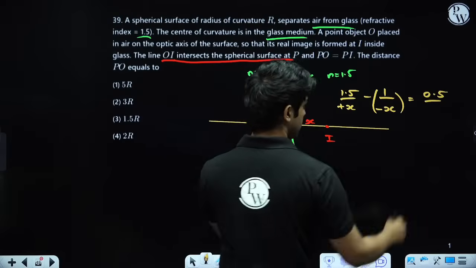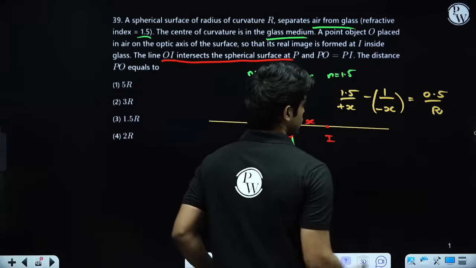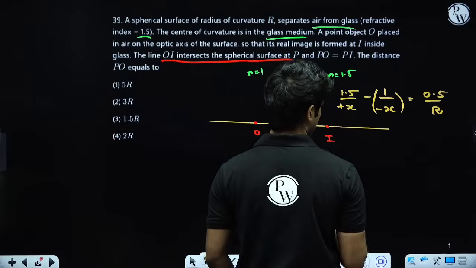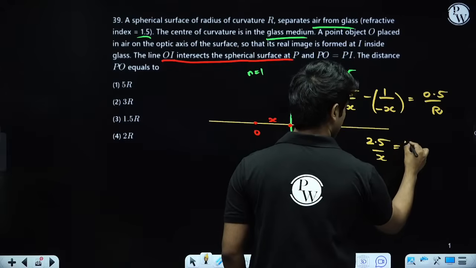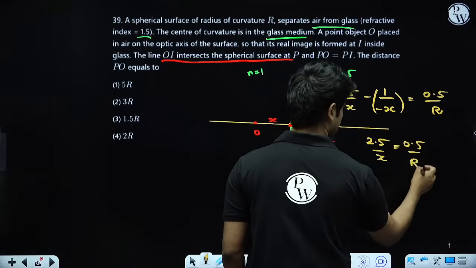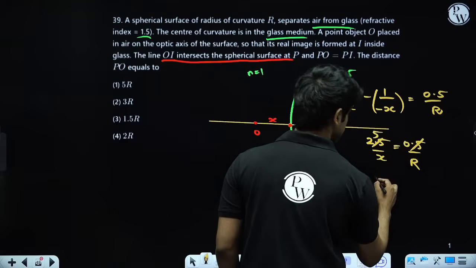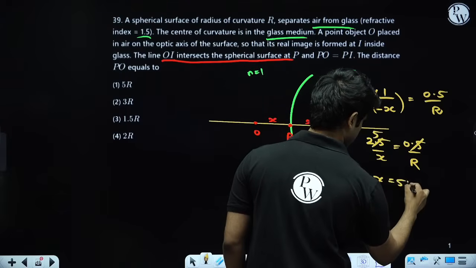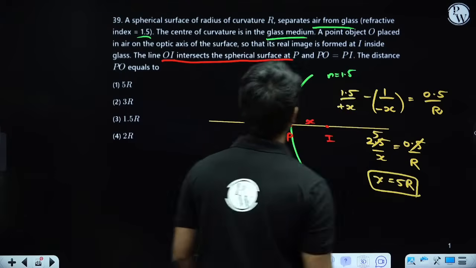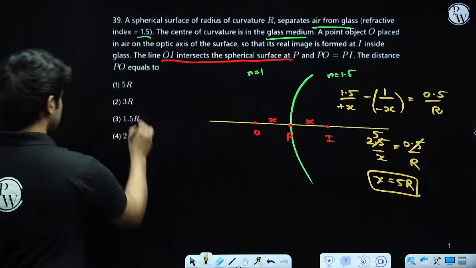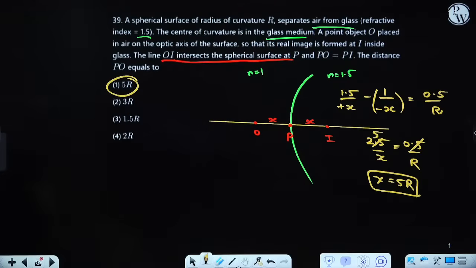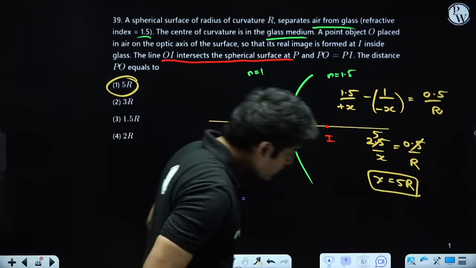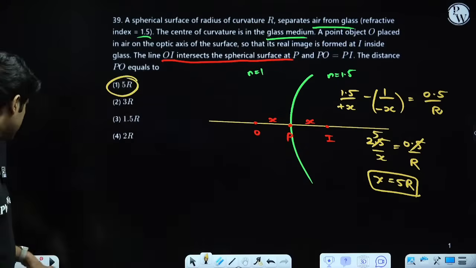So this will become 1.5 plus 1, so 2.5 divided by x is equal to 0.5 divided by r. This is 5, so x is equal to 5r. Okay, so option A looks like the answer. All right. Yeah, first option is the answer.